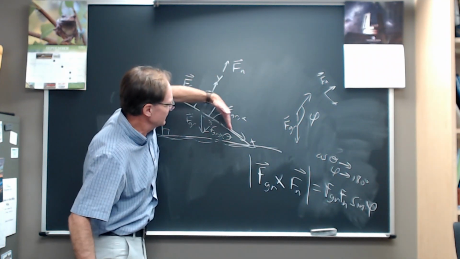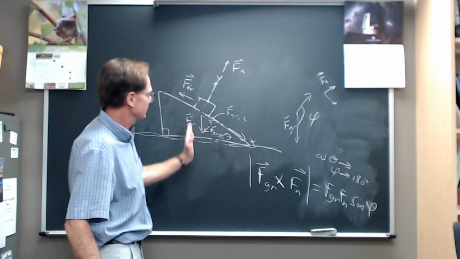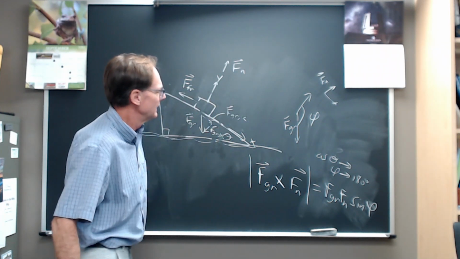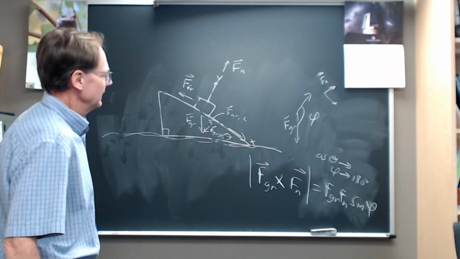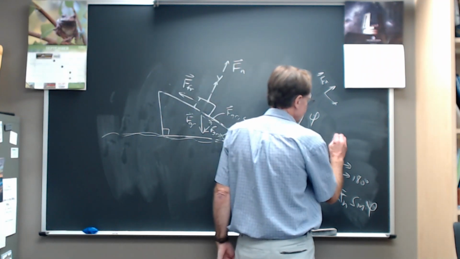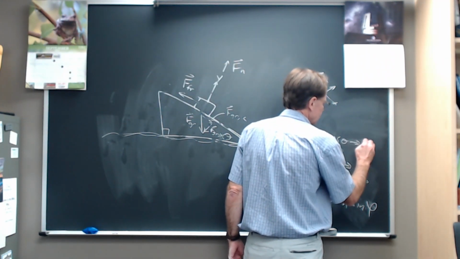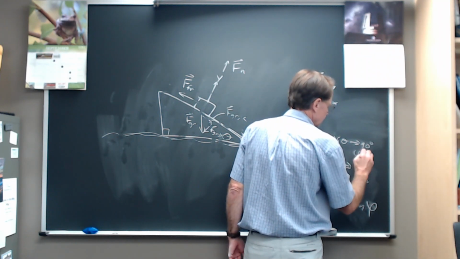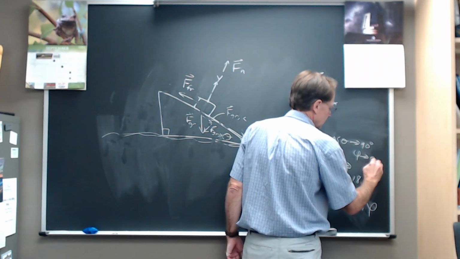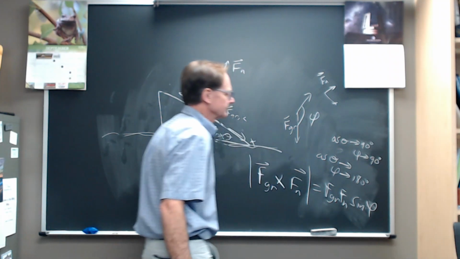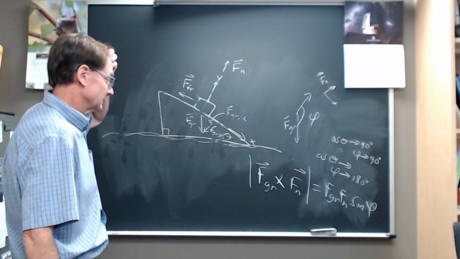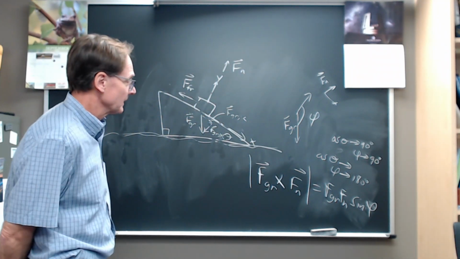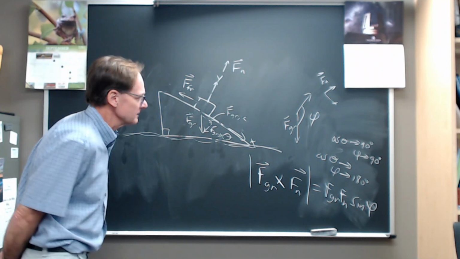As theta goes to 90, it looks like phi is going to 90. Okay? So what does that make it look like this must be?